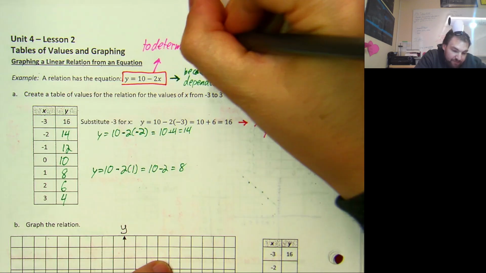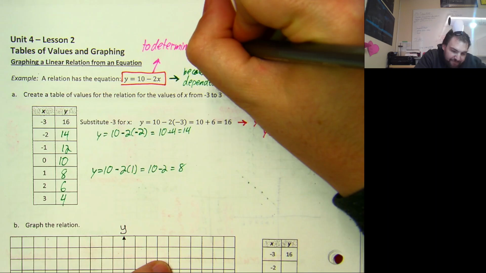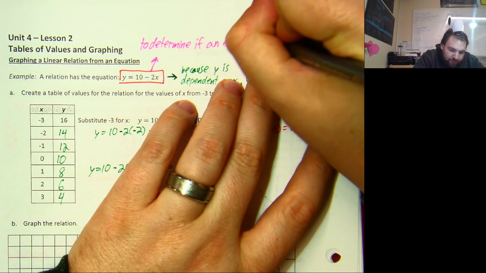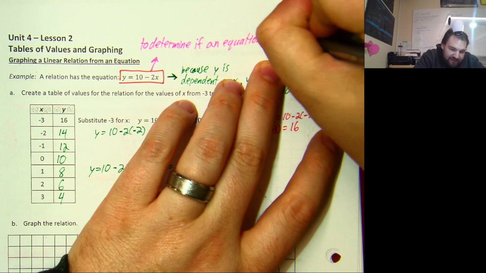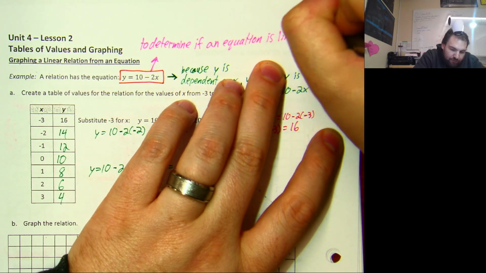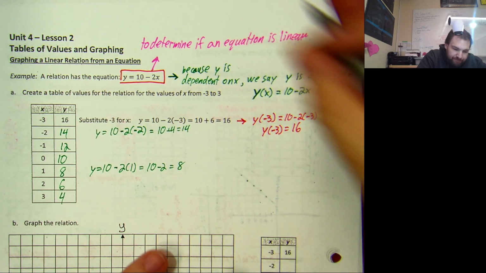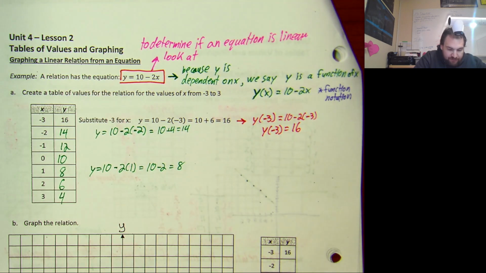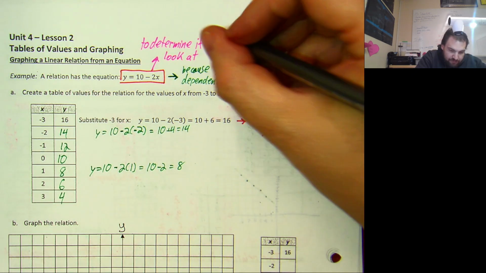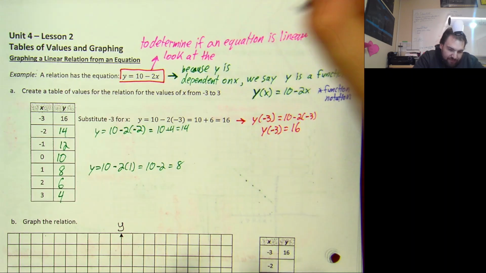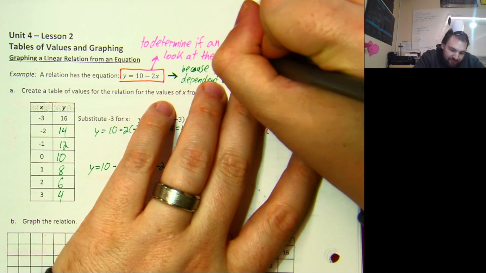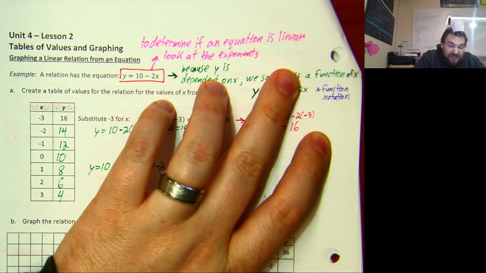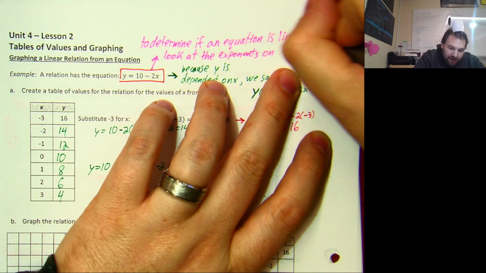To determine if an equation is linear, look at the exponent, or they'll say the exponents on the variables.